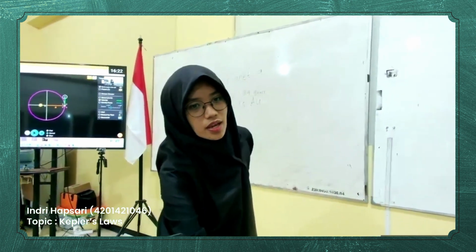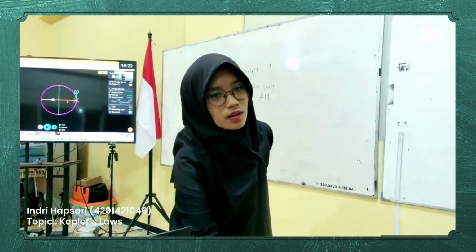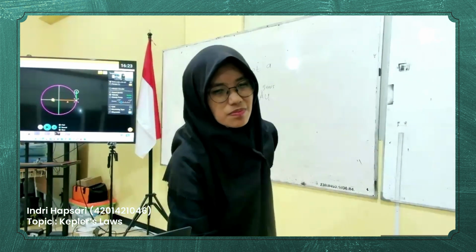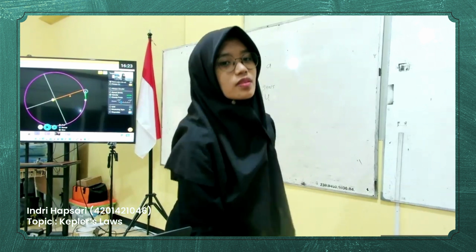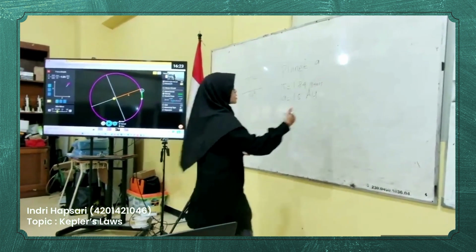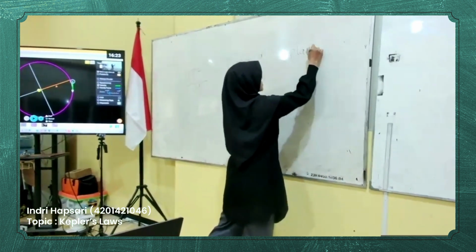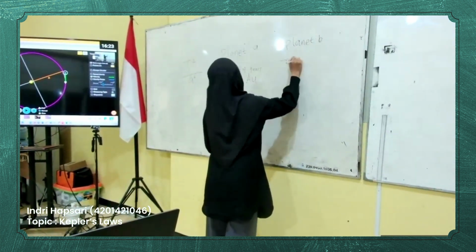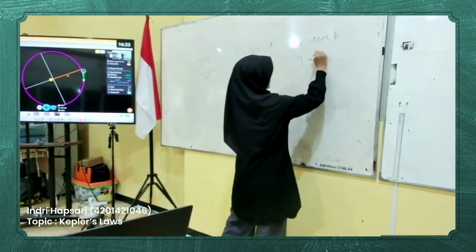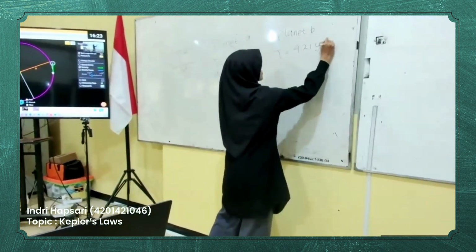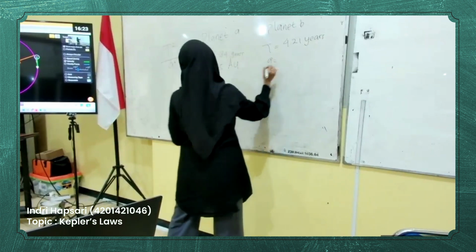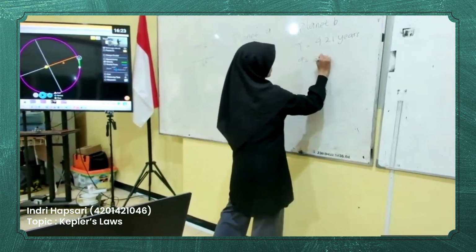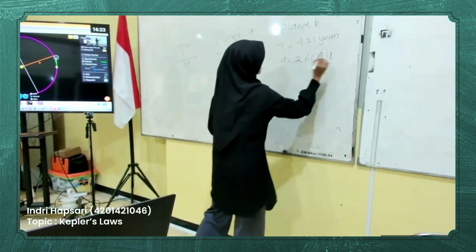We call it planet B, which has another distance, bigger than planet A. For planet B, T is 4.21 and a is 2.61 astronomical units.